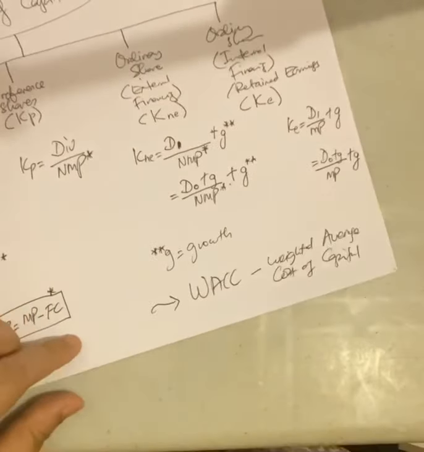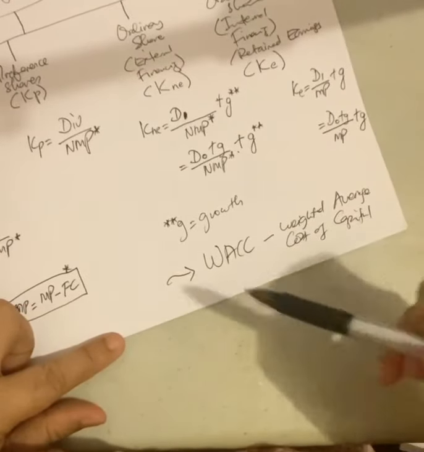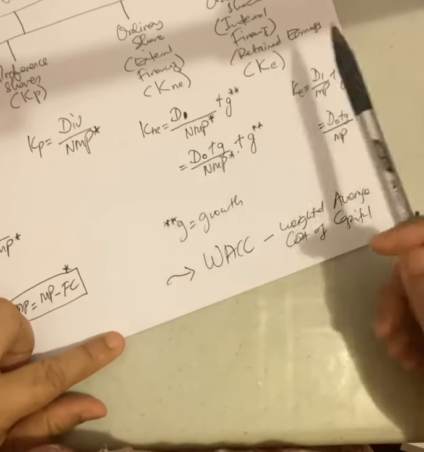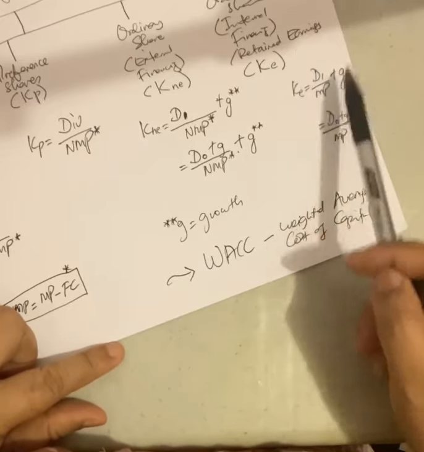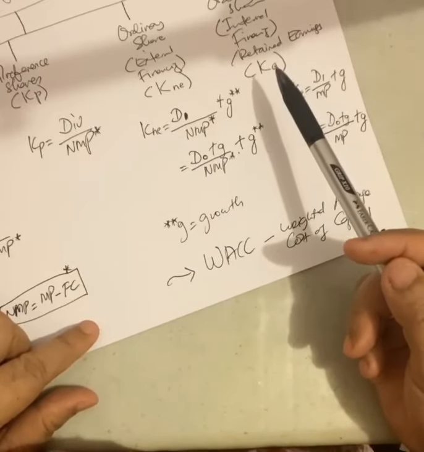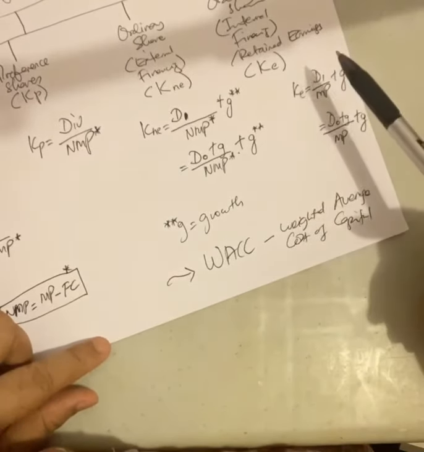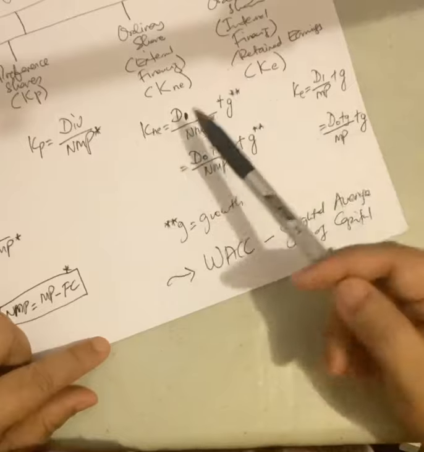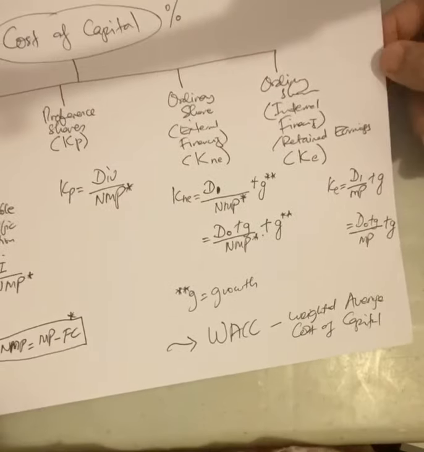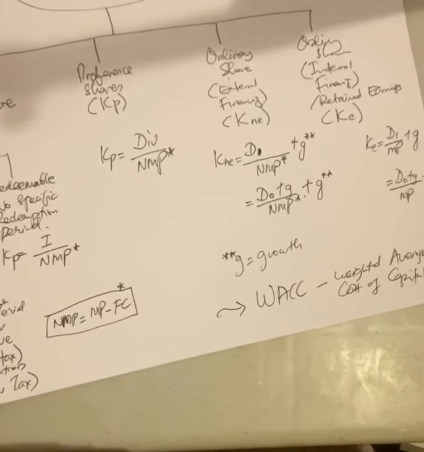But before we prepare the WACC, we need to determine whether we just use the internal financing or we issue new share. We have to calculate whether the retained earning allocated for that project or the investment is sufficient or not. If not sufficient, then we have to issue new share. So after this I will show you how to solve the exercises by giving you some illustrations.